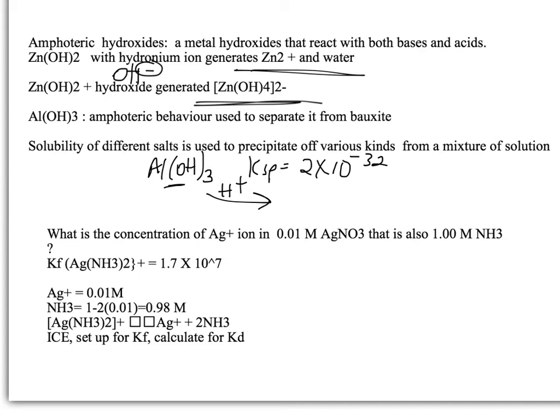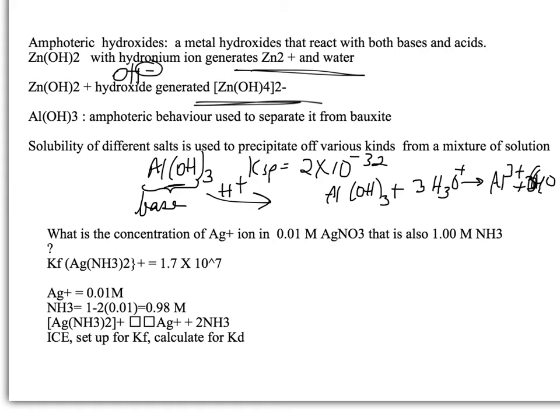So it becomes more soluble. That means the Al(OH)3 is going to behave as a base when an acid is added. So your reaction becomes Al(OH)3 plus 3 H3O plus gives you aluminum 3 plus plus 6 water.